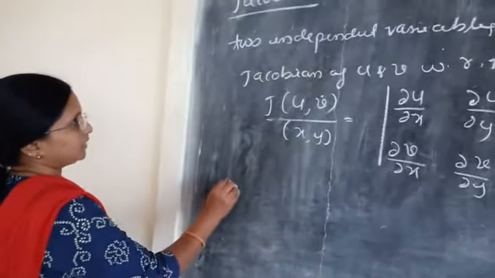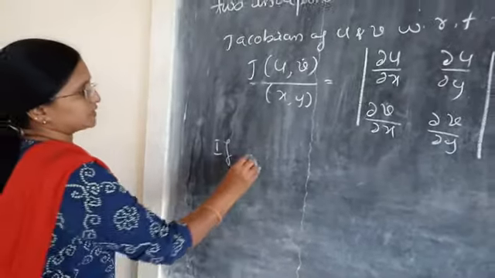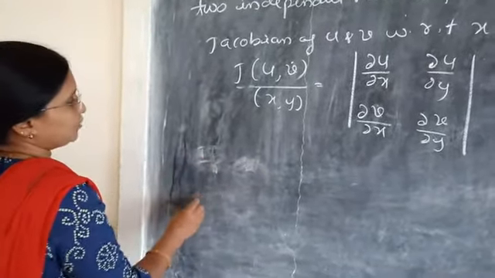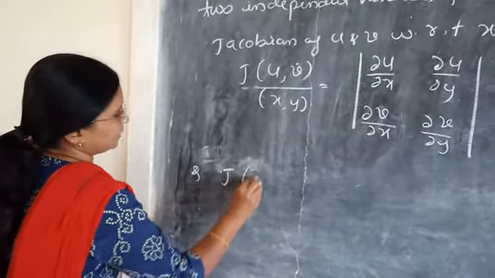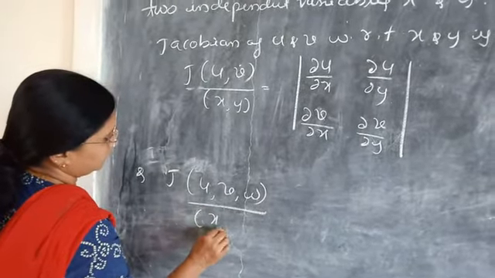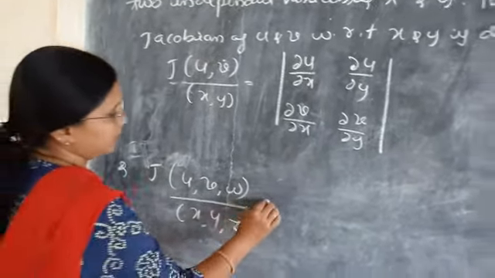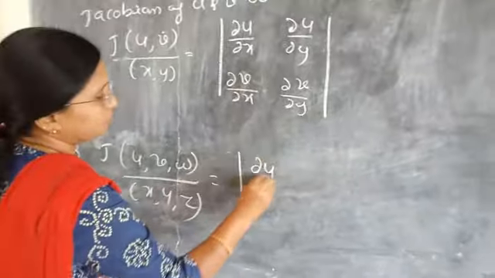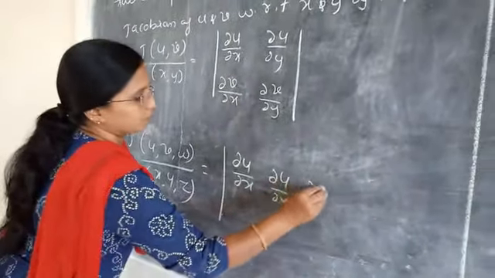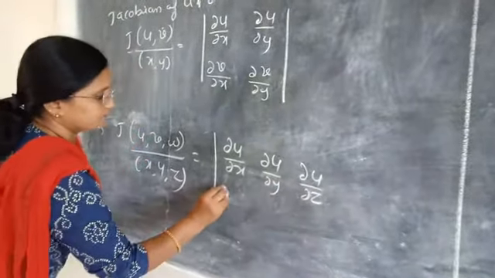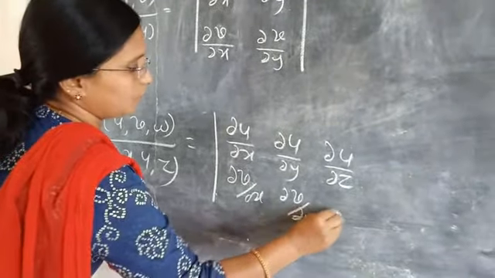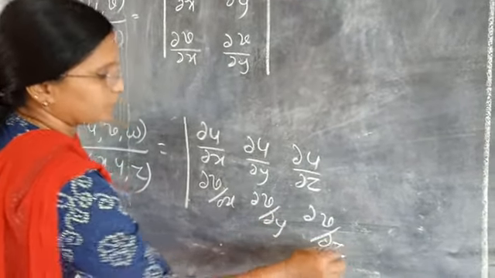Suppose u, v and w are functions of three variables, then the Jacobian of u, v, w with respect to x, y, z is equal to the determinant of dou u by dou x, dou u by dou y, dou u by dou z, dou v by dou x, dou v by dou y, dou v by dou z.